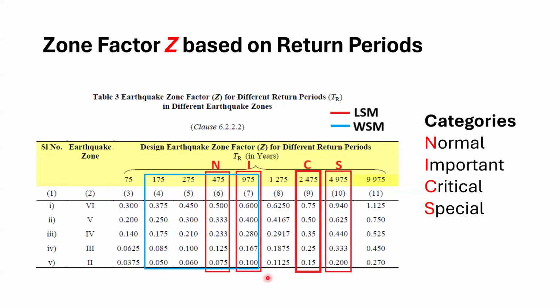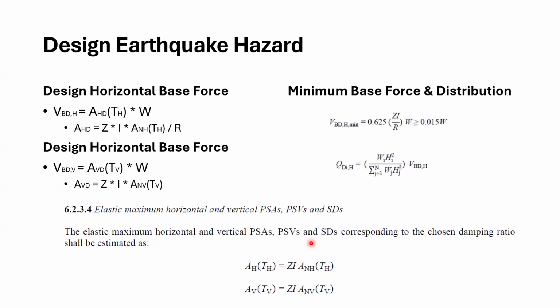You can select the zone factor directly from the table. And then the calculation of the base forces for horizontal and then vertical. The formulas are given, and there is a minimum base force, and the distribution still follows the quadratic distribution as earlier.